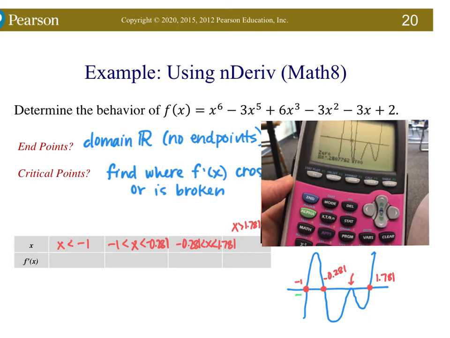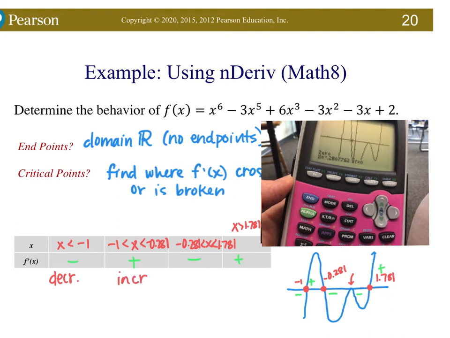Okay, and then I put pluses and minuses in my chart. So this is going from a minus to a plus section. So there's a minus, and then there's a plus, and the next one goes from a plus to a minus, and then it stays a minus, and then it finally goes to a plus section. So now I read my chart, and I know what the original function is doing. Remember, what I am looking at is the derivative. I'm not looking at the original, I'm only looking at the derivative. But now I know what the original is doing. The original is decreasing first, and then it has a section of increasing.